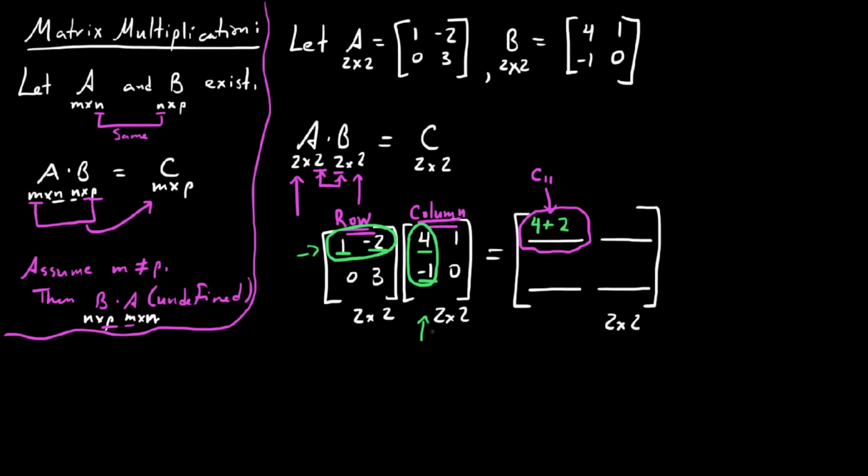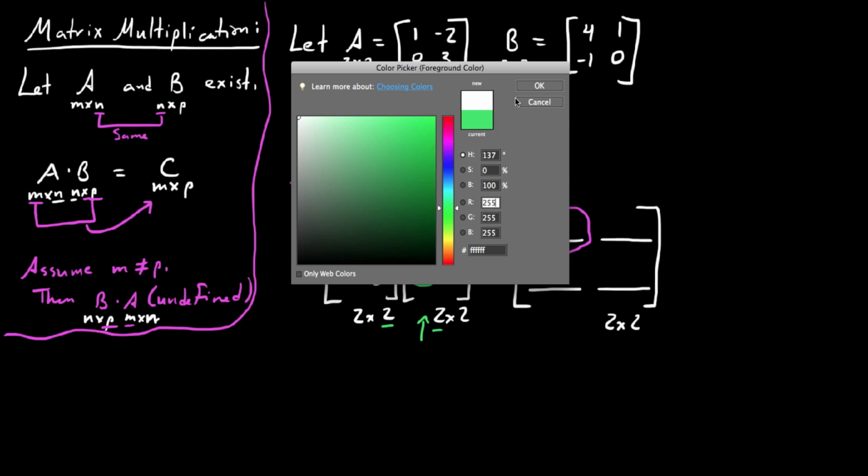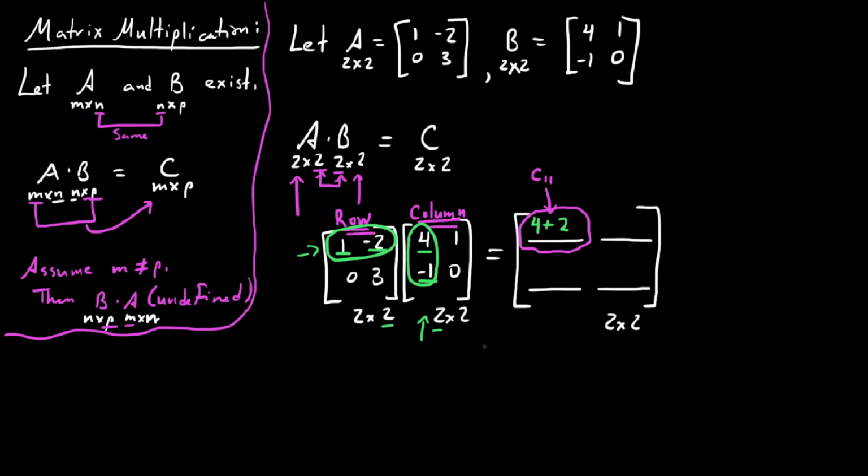But there should always be as many elements in that row as there are in that column, and that was given by the fact that we made sure these inner dimensions matched. And so we come over here to our matrix, and we end up with this term in our product, which is 6.